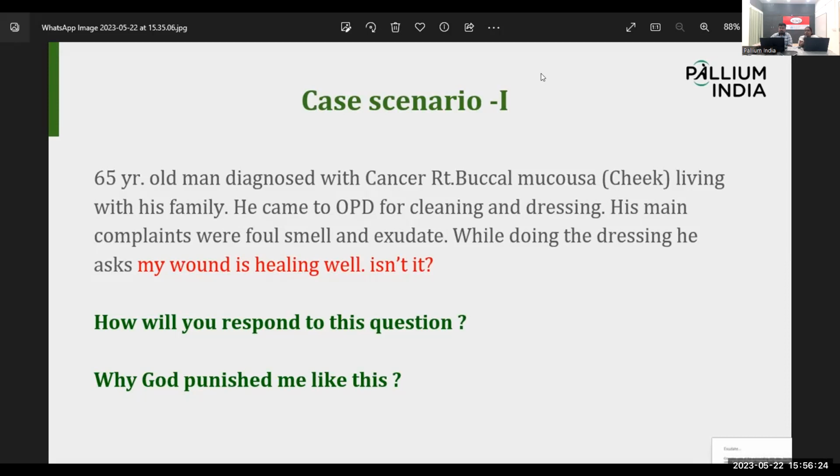Day by day, the proliferative growth will be there. Signs and symptoms will be more and more. This patient came with foul smell and exudate. While doing the dressing, he asked, "My wound is healing well, isn't it, sister?"